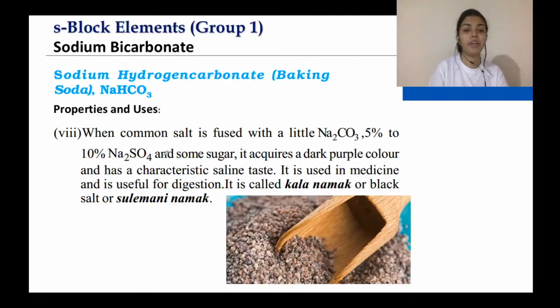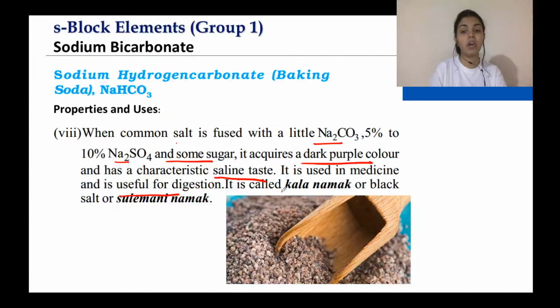Now this is important. When you take common salt and fuse it with a little sodium carbonate, and maybe 5% to 10% Na2SO4 and some sugar, it acquires a dark purple color, right? This dark purple compound has a saline taste and is very useful for digestion.